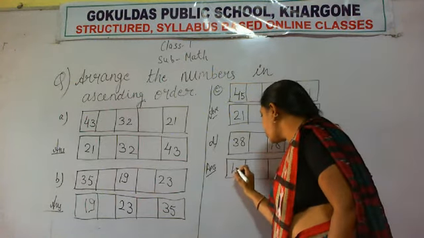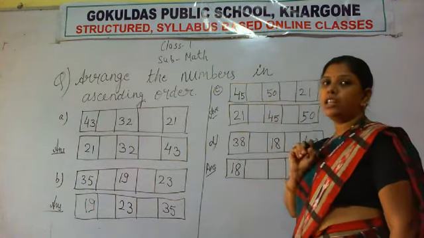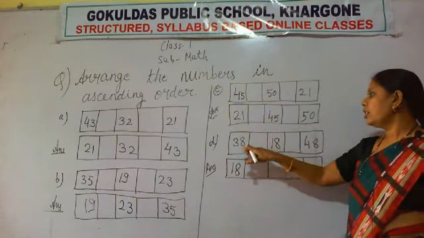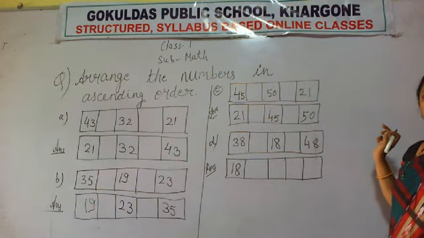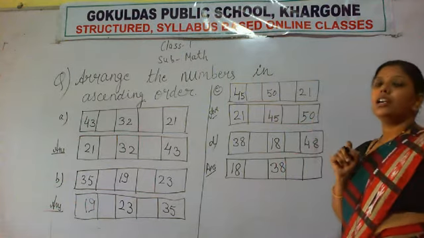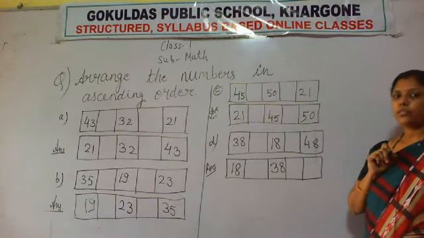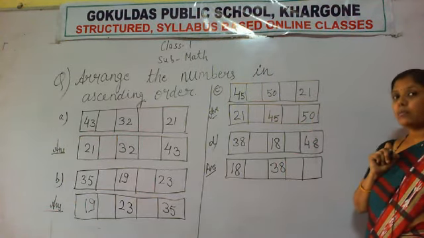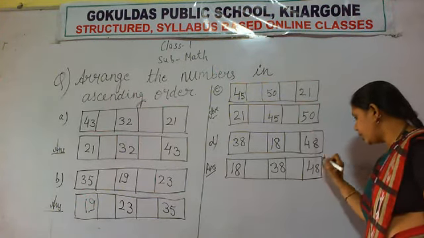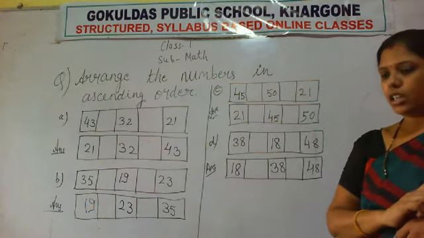So in the first box, write 18. Now identify the next smaller number between 38 and 48. 38. So in this box, write 38. And the last number left is 48.